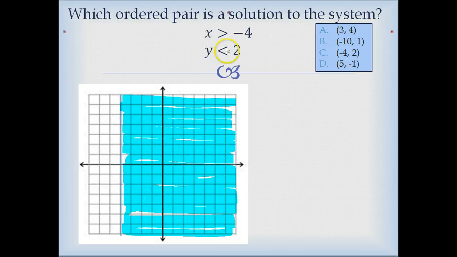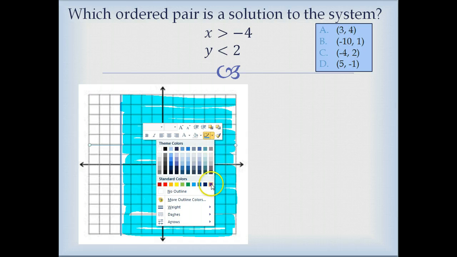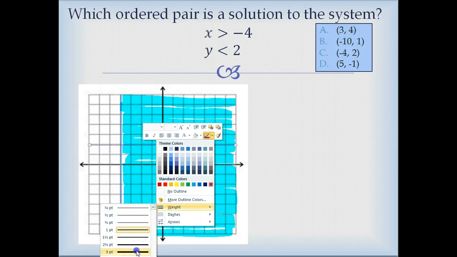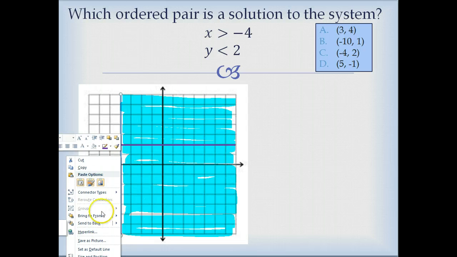Now I can go and graph my other line. y is less than 2. So y equals a number is a horizontal line at that value. So I go up to a y value of 2 and I make a horizontal line across here. Let me change that so you can see it. There we go. Make this one a little bit thicker too.